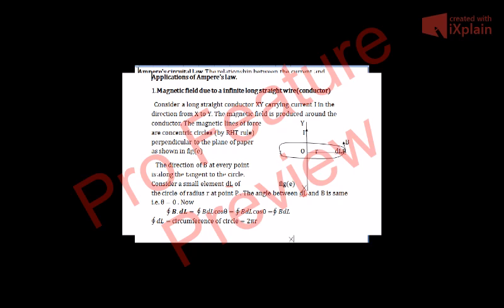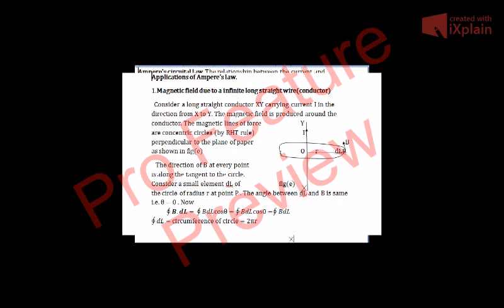XY carrying current I in the direction from X to Y. The magnetic field is produced around the conductor. The magnetic field lines or magnetic lines of force are concentric circles, as explained to us by the right hand thumb rule. They are concentric circles perpendicular to the plane of the paper as shown in the figure.